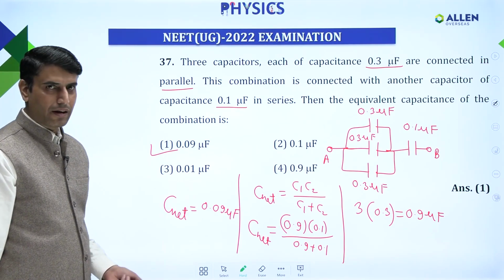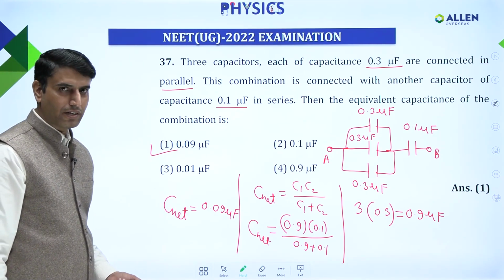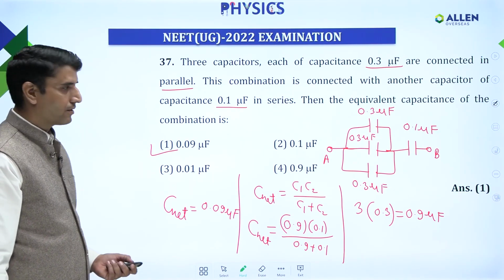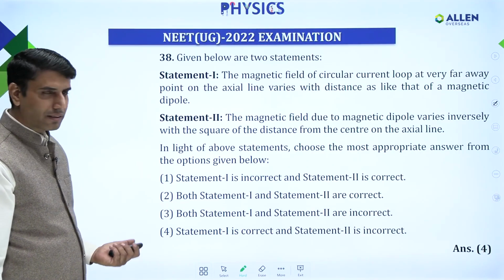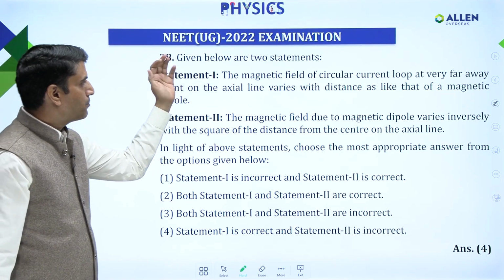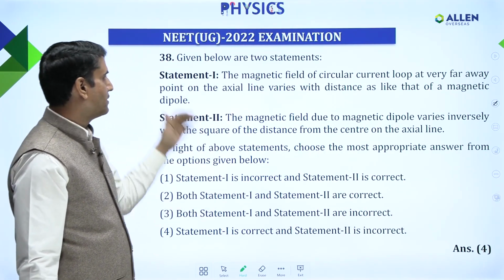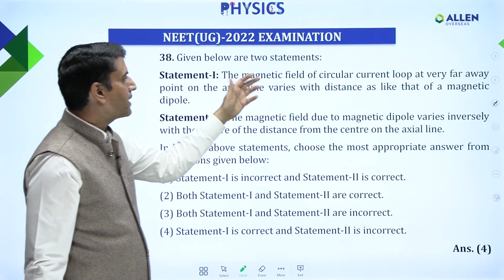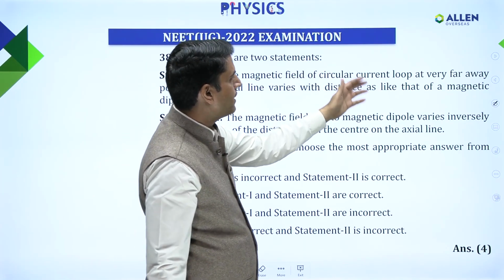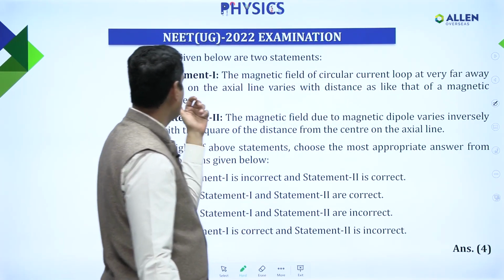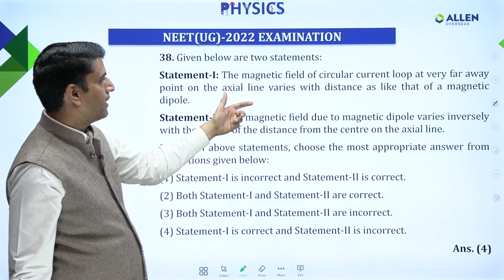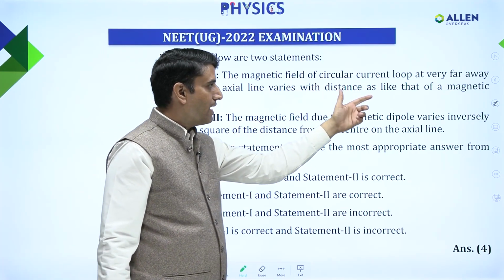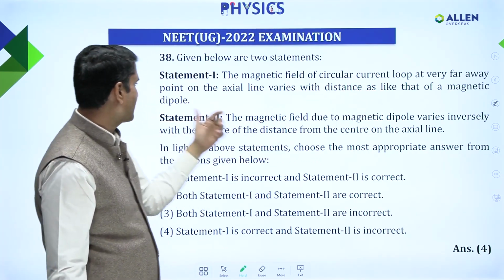Now let us take our next question, question number 38. Given below are two statements. Statement 1: Magnetic field of a circular current loop at a very far away point on the axial line varies with distance like that of a magnetic dipole.